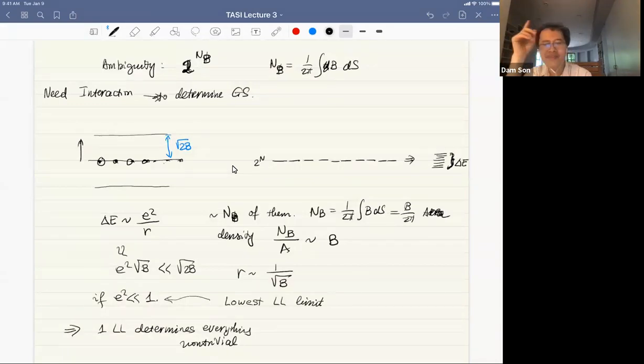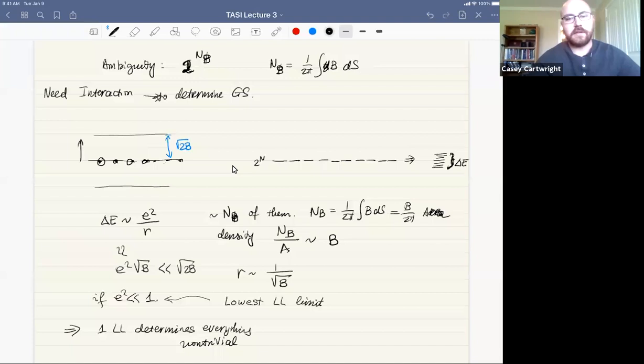In our case, it's better to call it the single Landau level limit, in which one single zero mode determines everything: all the non-perturbative physics happens within the sector of the zero mode of the Dirac equation. So, any questions so far?